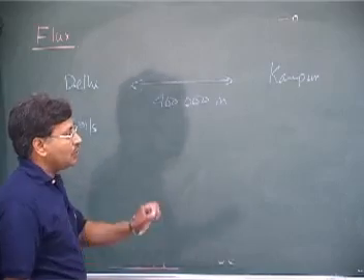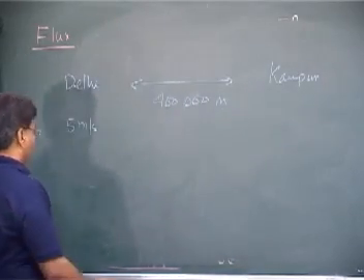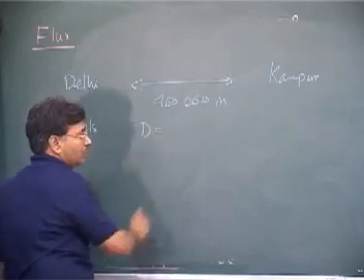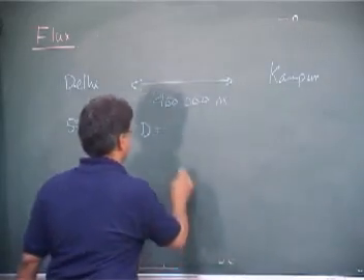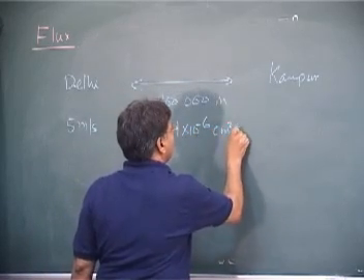Suppose only molecular diffusion was taking place, and the value of D I take as 1 into 10 to the power minus 6 centimeter squared per second.